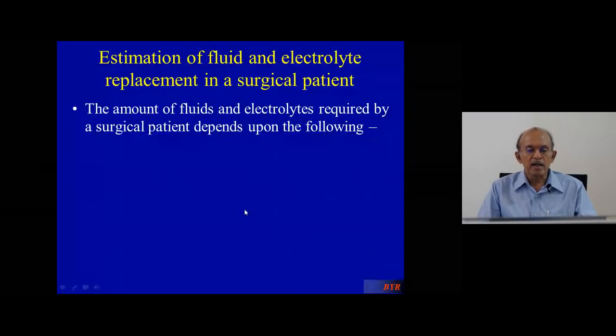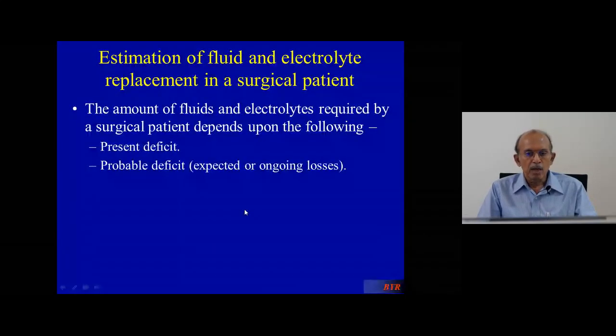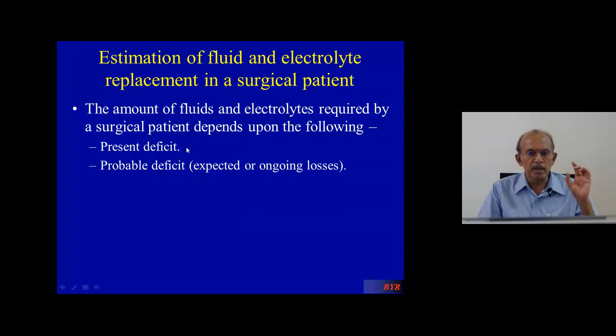Estimation of fluid and electrolyte replacement in a surgical patient. So the amount of fluid and electrolytes required by a surgical patient depends upon the following: present deficit, probable deficit, that means expected ongoing losses. That means the patient has come to you, for example, with vomiting. So at the time of admission, you estimate how much fluid the patient has lost, and that much fluid and electrolytes has to be replaced.